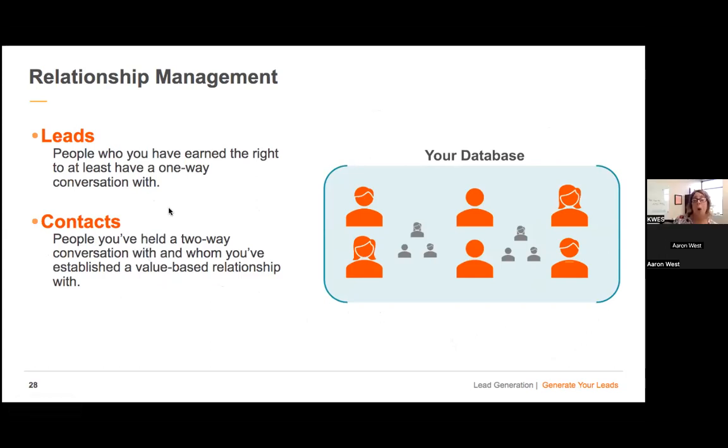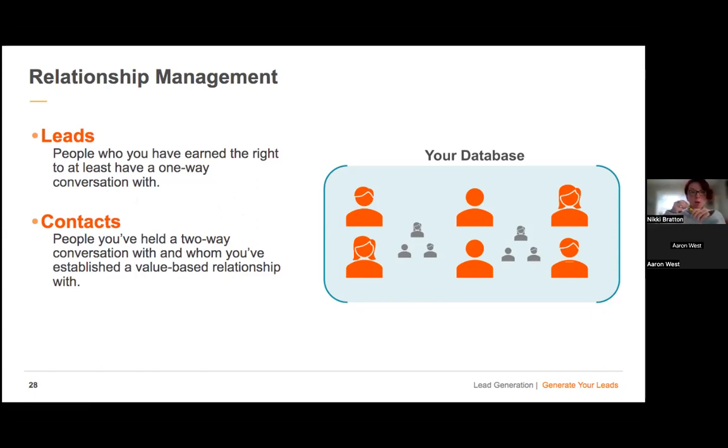Or you could have somebody in your SOI that you maybe haven't necessarily had that two-way conversation with yet. I mean, it could be neighbors, maybe the teller at the bank, the guy that details your car. Those are all part of your sphere of influence, but maybe not necessarily people you thought about in regard to reaching out about real estate.